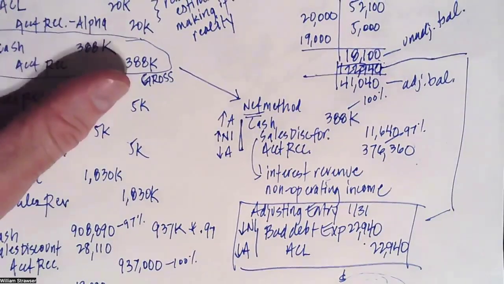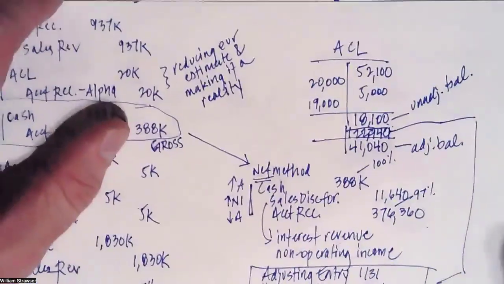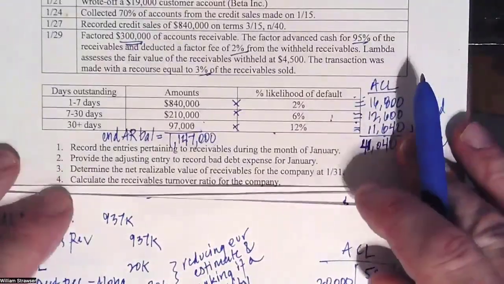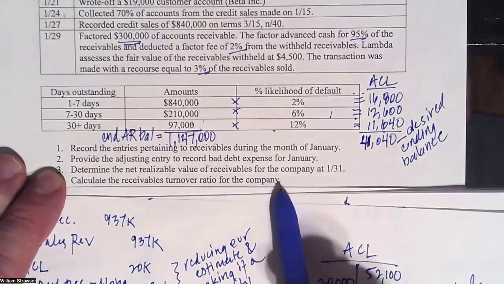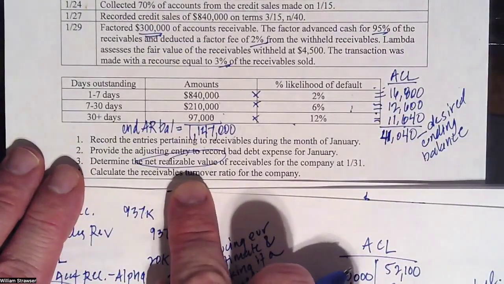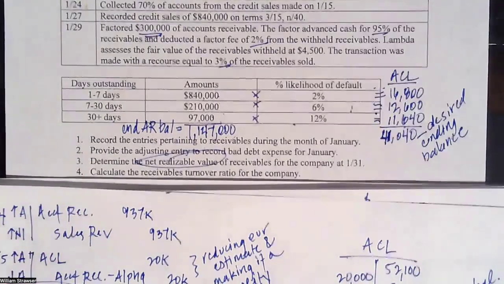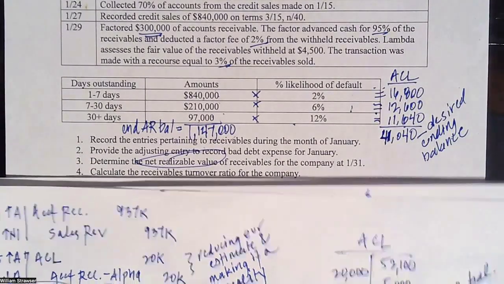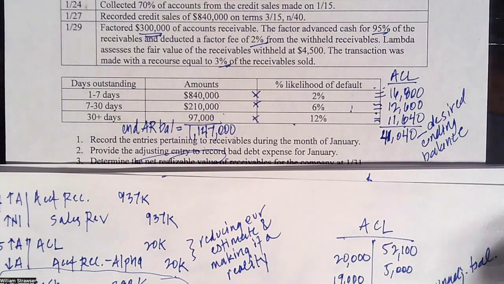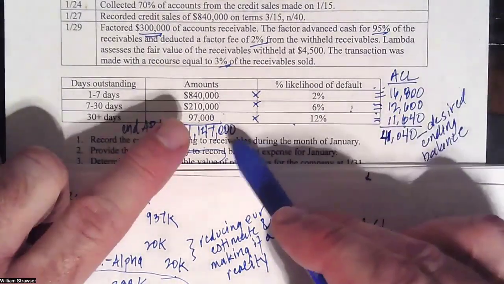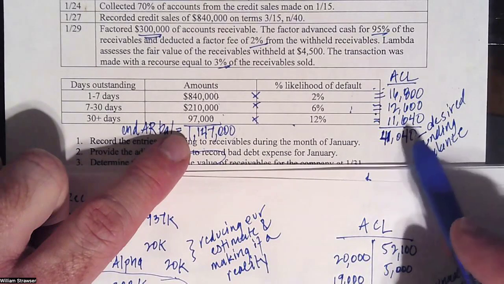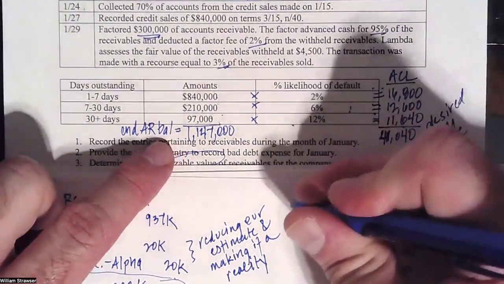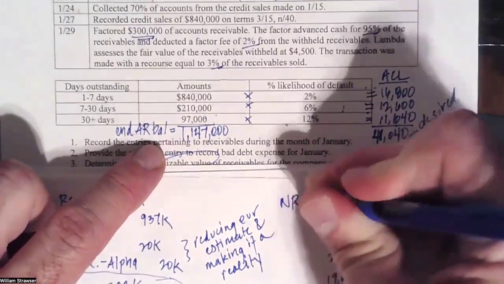So it asks for one more thing, and we already have all the pieces for it. And it does ask for the turnover ratio. I'm not going to hold you responsible for that on this test. But I do want you to understand what the net realizable value of receivables is. So this is the amount that we find on the balance sheet. And remember, when we put these on the balance sheet for receivables, in any case that there's a contra account, like ACL, we take the account that the contra account is attached to and subtract off the balance of it to get the number that's on the balance sheet. And so that's exactly what the NRV is for my receivables.